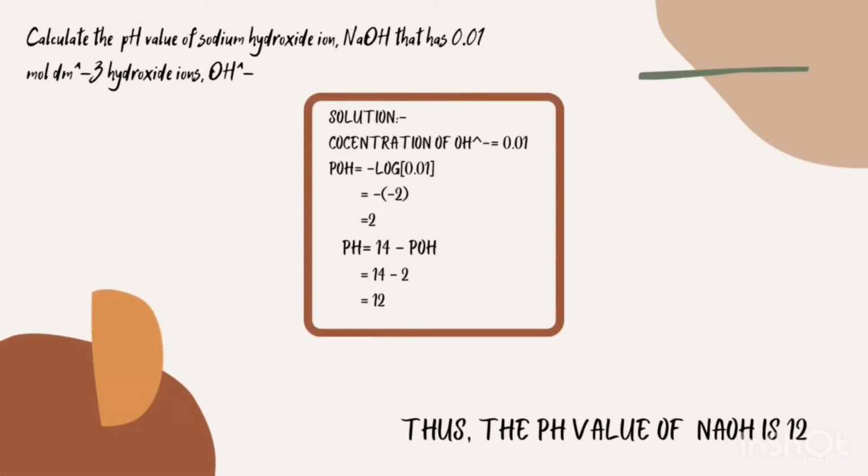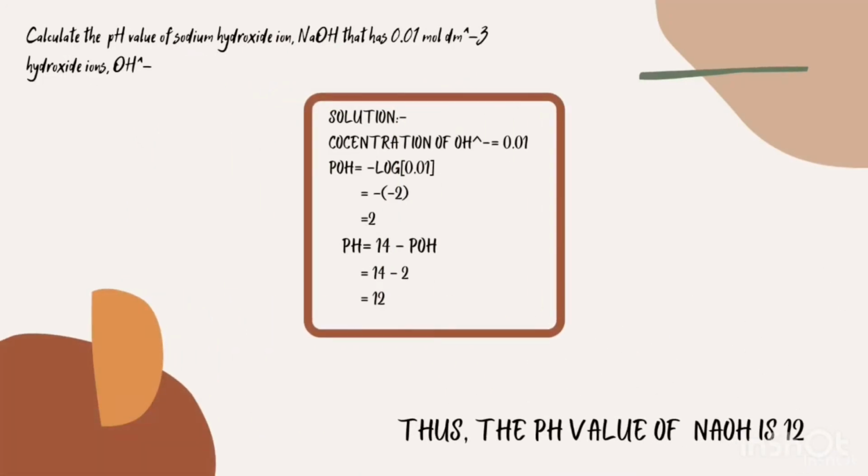Okay, move to the next question. So, the question given is calculate the pH value of sodium hydroxide that has 0.01 mol dm-3 hydroxide ions. So, first, we need to find the pOH. So, the concentration given is 0.01 mol dm-3.